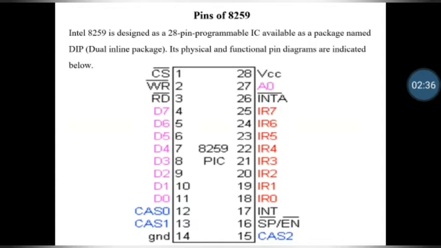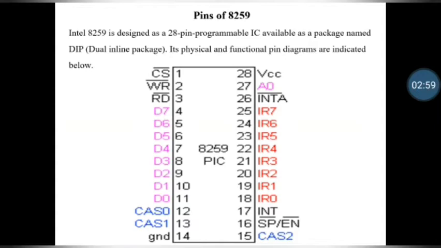Now the next signals are from pin number 4 to pin number 11. These are D0 to D7, and these are data lines used for carrying the data. These pins are bidirectional. We call it the data bus, and it can carry data up to 8 bits.